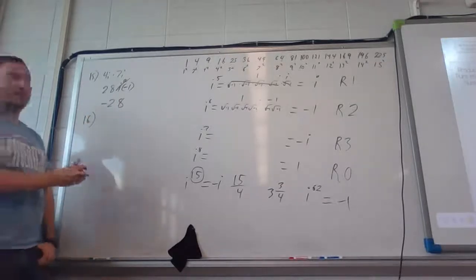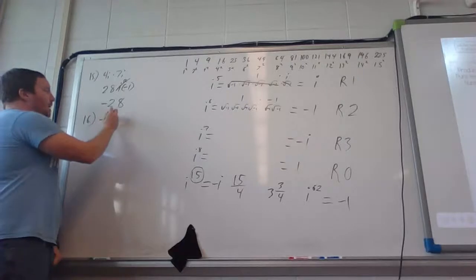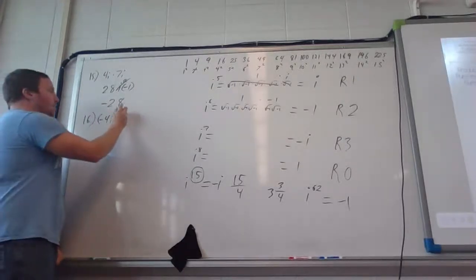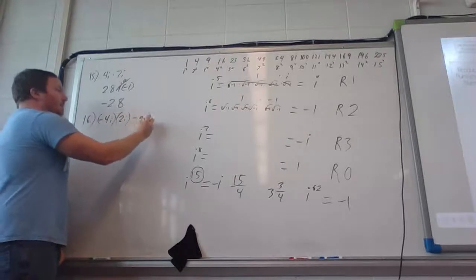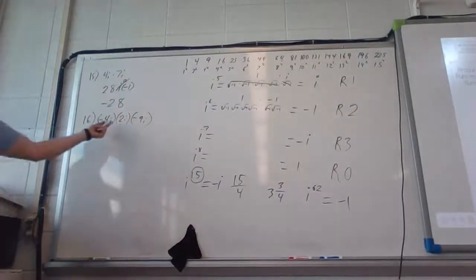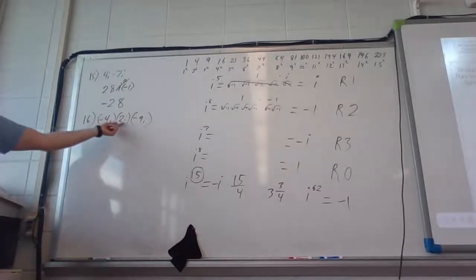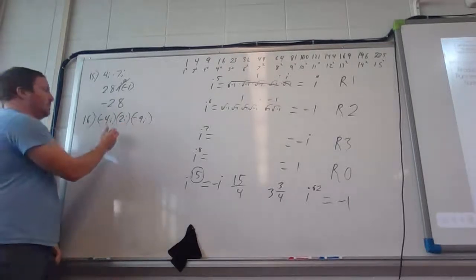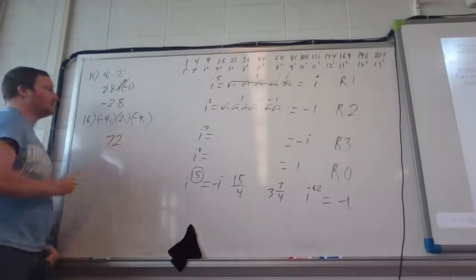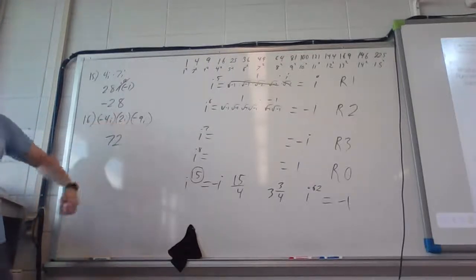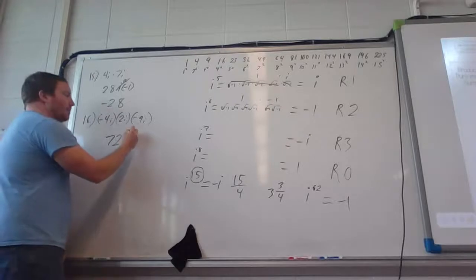So 16. We have -4i times 2i times -9i. So again, multiply your numbers together. -4 times 2 is -8, times -9. So that's 72. With i times i times i, or i to the third power.